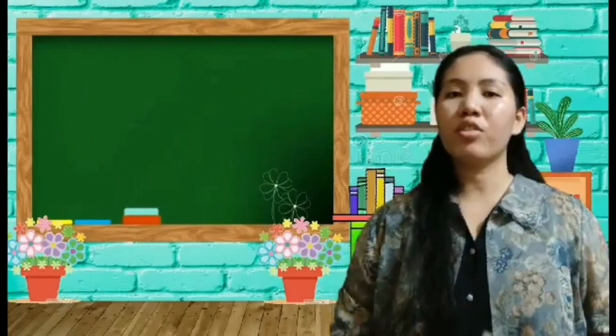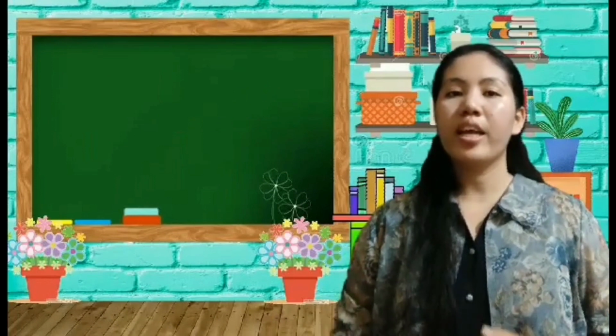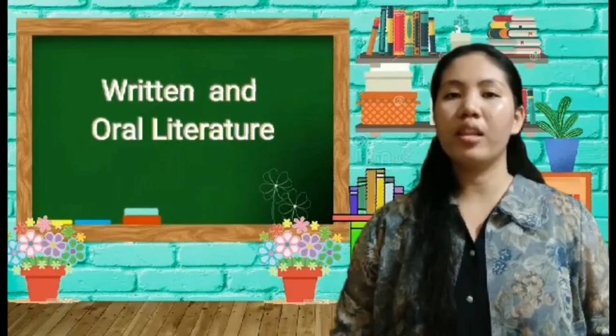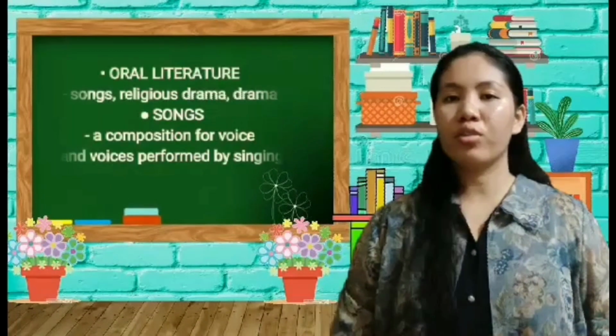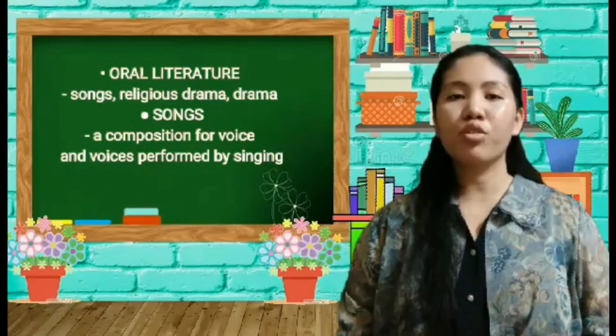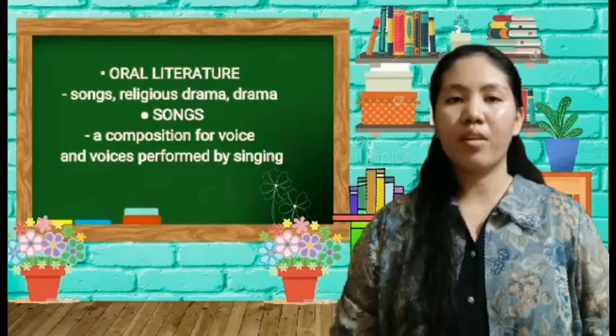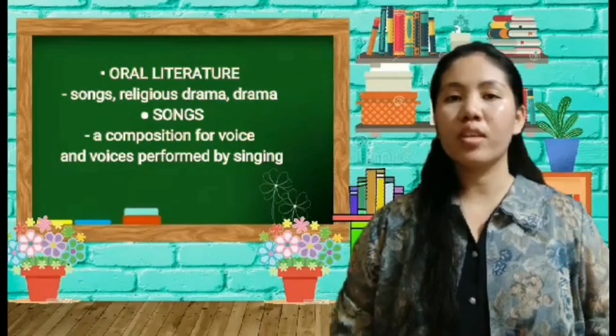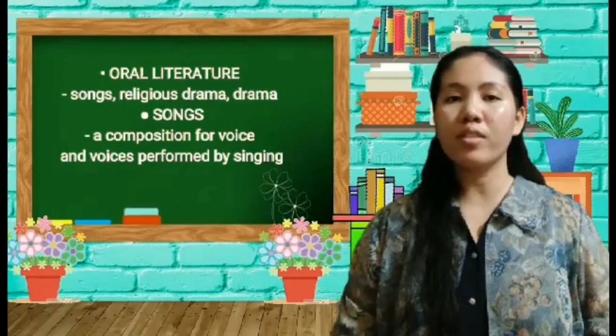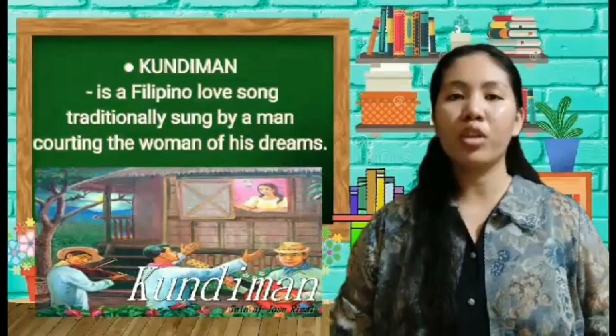During the Spanish colonization period, they also had written and oral literature. Oral literature includes the songs, religious drama, or the drama itself. Next is the songs. It is the composition for voice and voices performed by singing. Next is the kundiman.